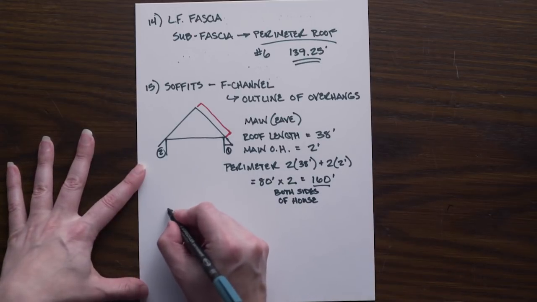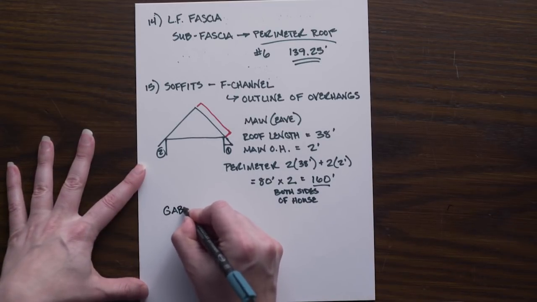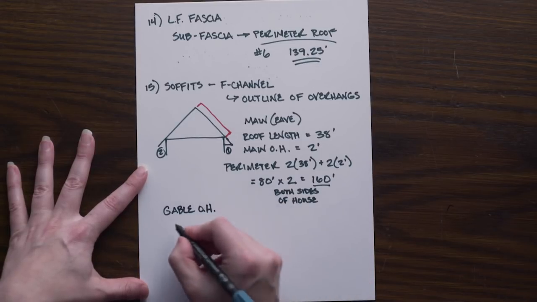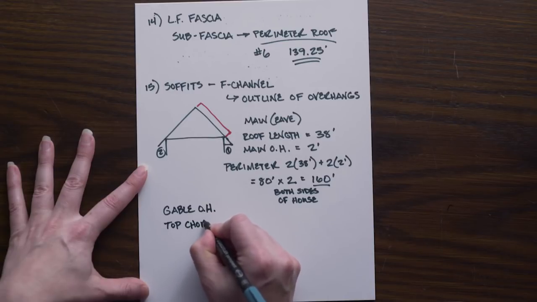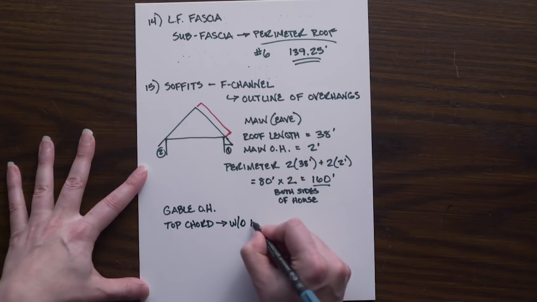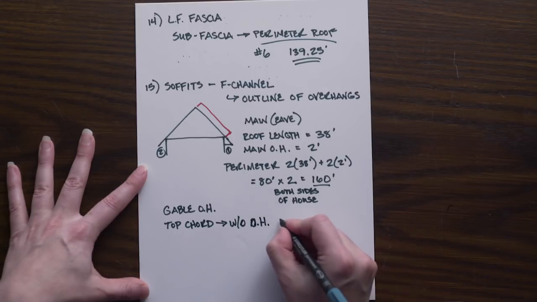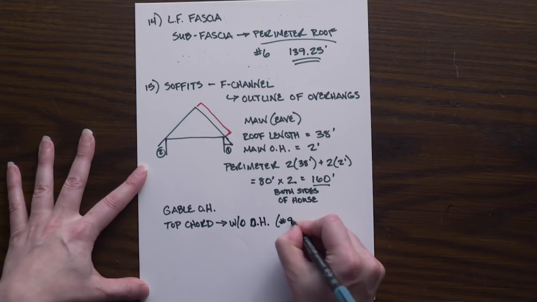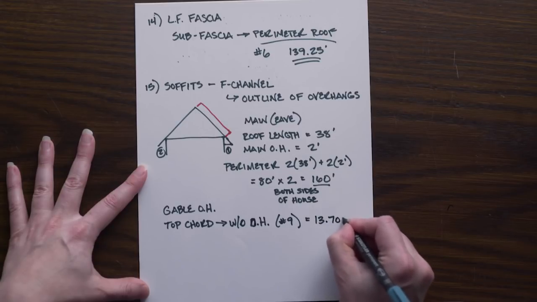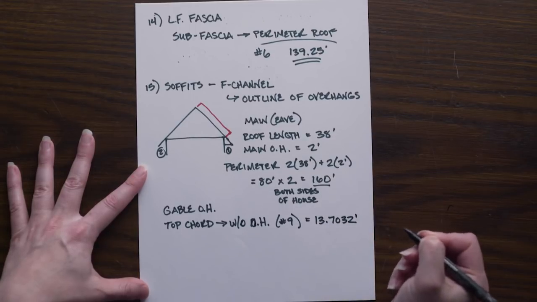But we also have our gable overhangs we need to calculate. So here we need to know what our top chord is, but it's the top chord without the overhang, which is what we calculated in number 9. That was the 13.7032 feet.